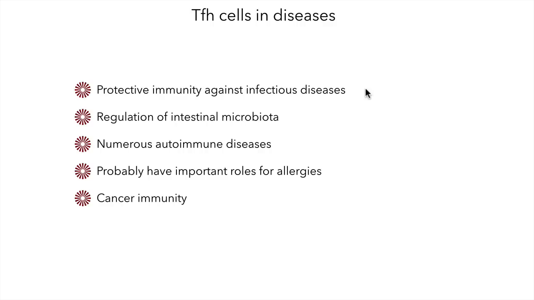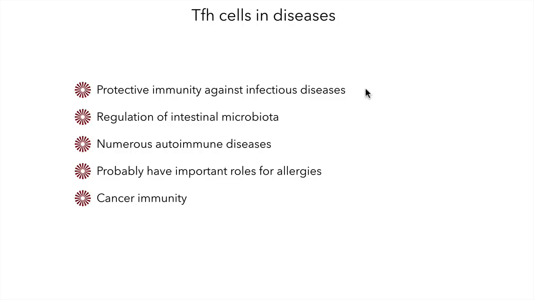And it turns out that TFH frequencies are in fact associated with the amount and the quality of antibody responses against SIV, the non-human primate version of HIV. And indeed, impaired TFH help to B cells is observed in HIV-infected individuals, which appears to exacerbate the difficulty in generating neutralizing antibodies against HIV.